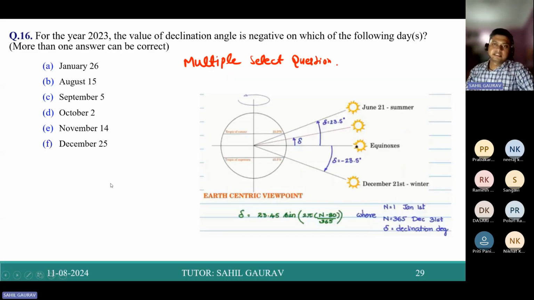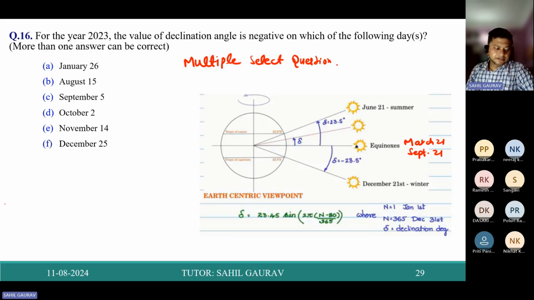So here we know that equinox days are March 21st and September 21st. So when the declination value is negative?